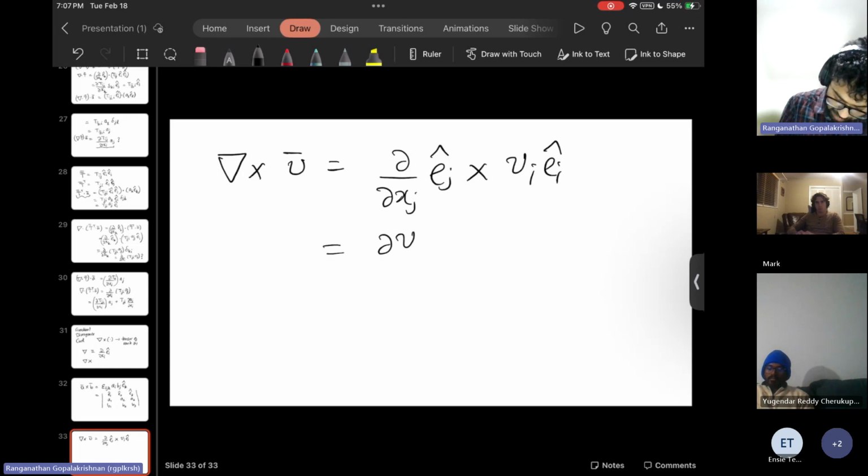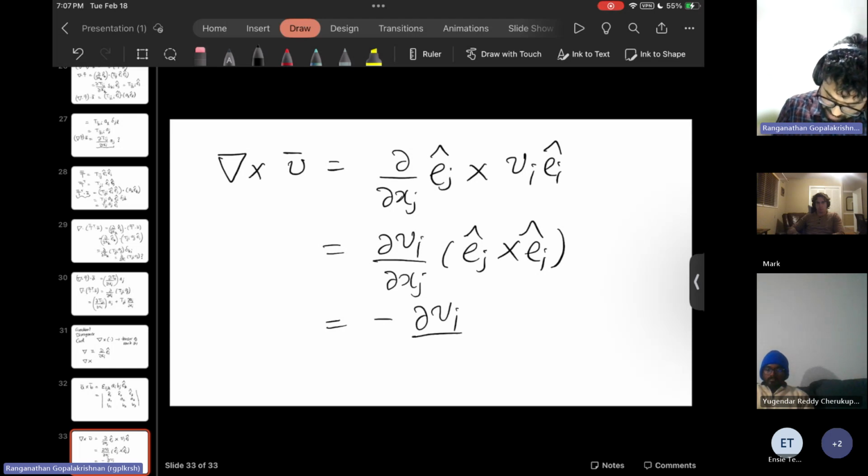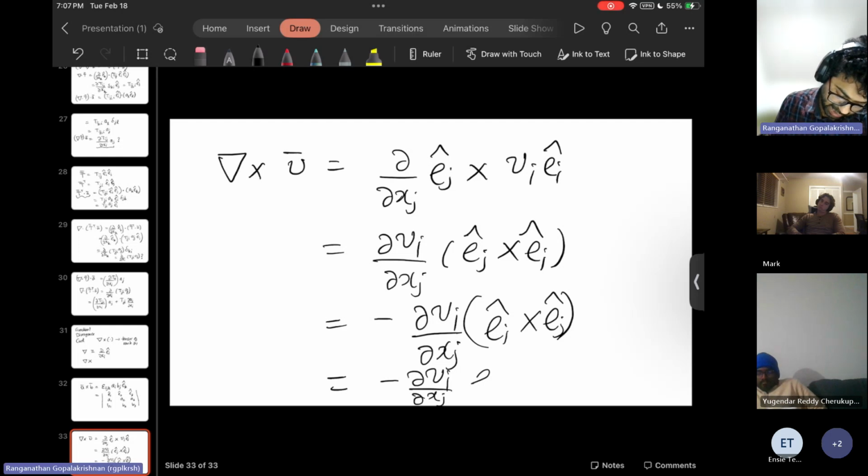So this is partial v_i over partial x_j multiplied by e_j cross e_i, or just to keep the nomenclature cyclic, we write minus partial v_i over partial x_j e_i cross e_j, which is usually e_k, multiplied by the permutation symbol ijk.